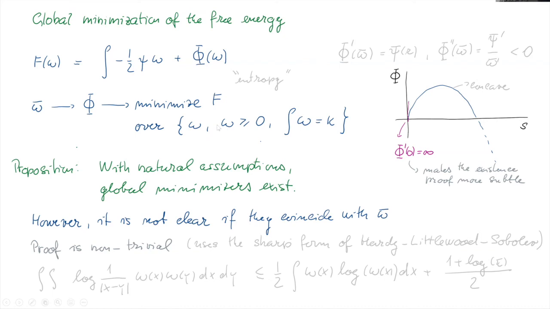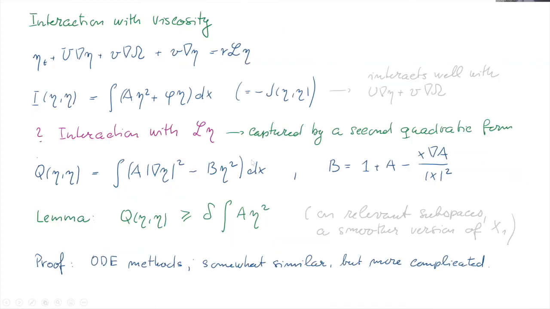The same is true for all the other examples. But nevertheless, from the existence theorem, we know that there are many global minimizers which should have strong stability properties.